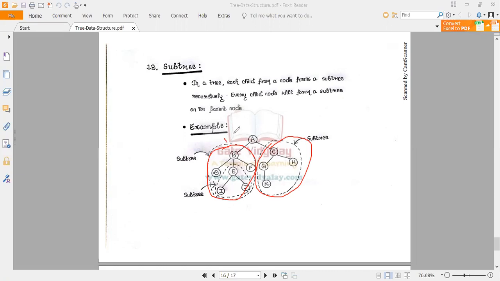So this is the left subtree of A whereas this is the right subtree of A. Here E is again the subtree of B. Here, this is the left subtree of C. And this is the right subtree of C. So every child node is forming a subtree.